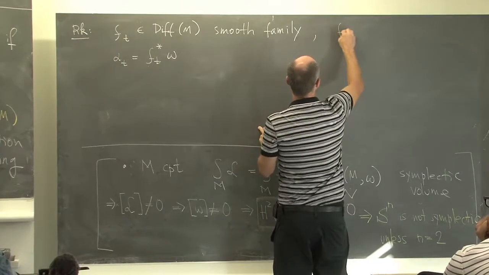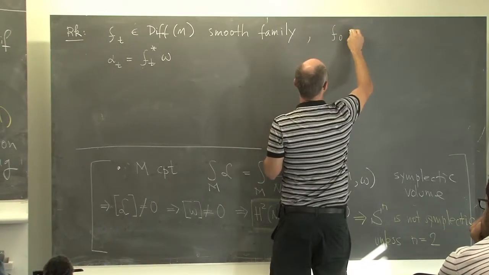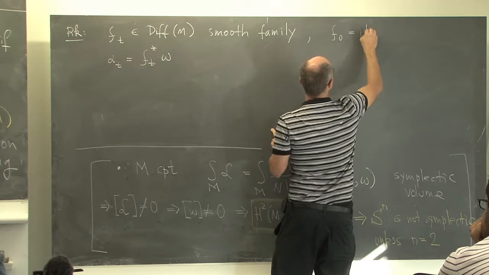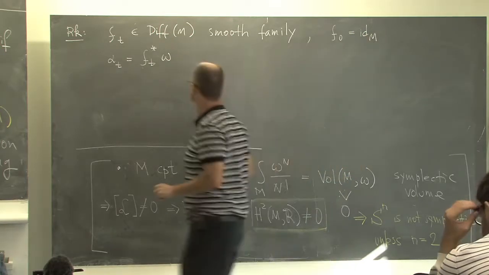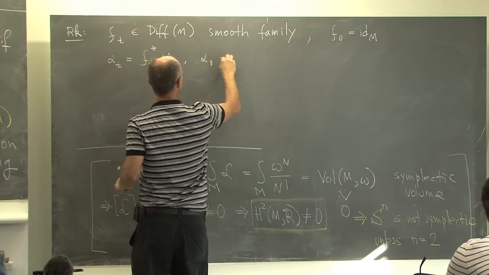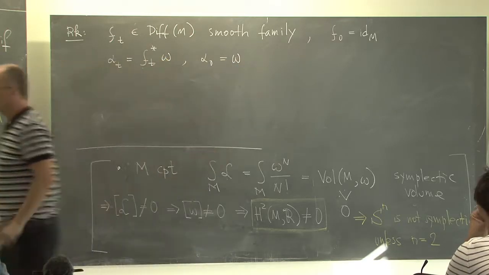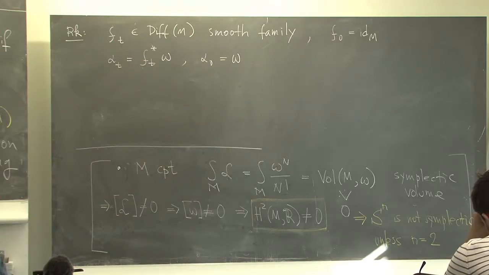And well, for simplicity, we can think that F0 is just the identity of M. So this means alpha 0 is equal to omega. So t is a real parameter.